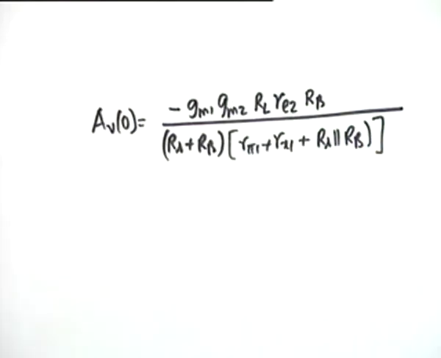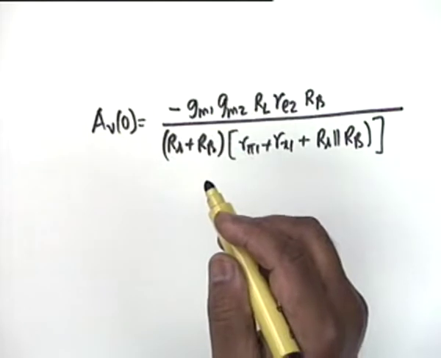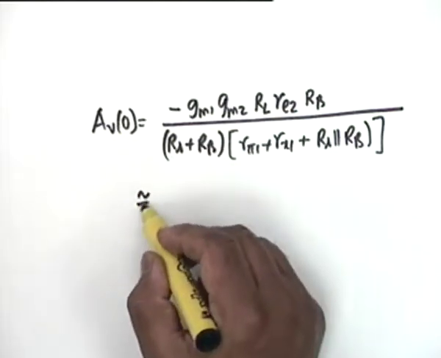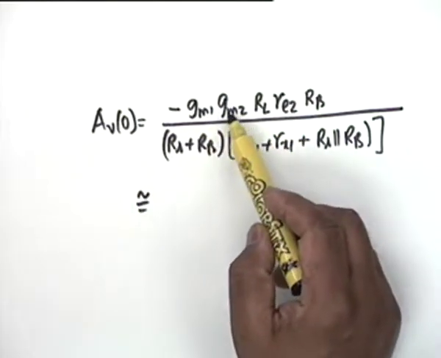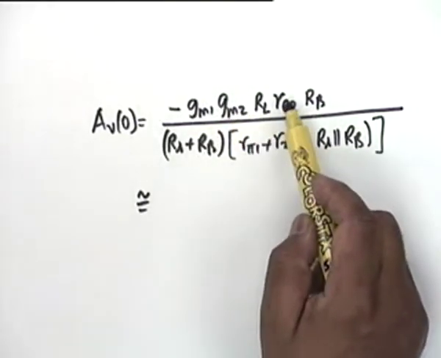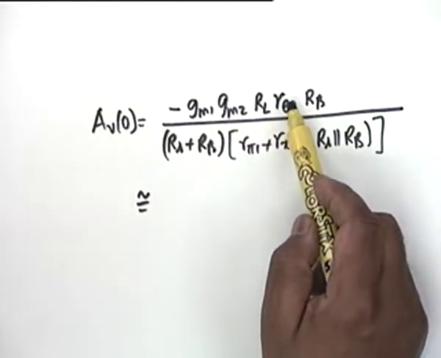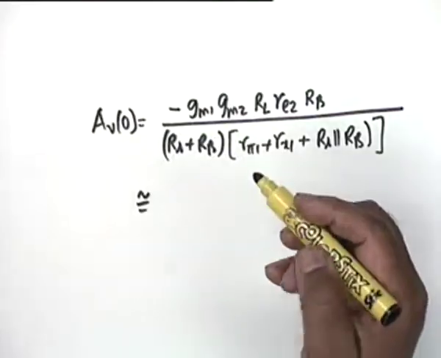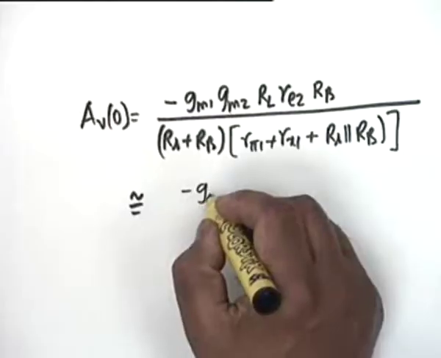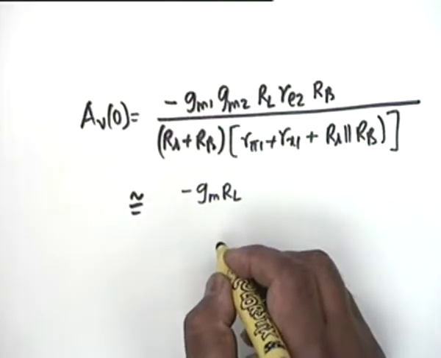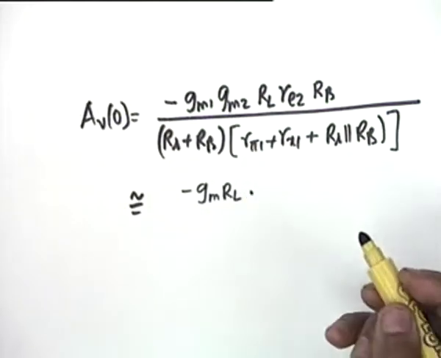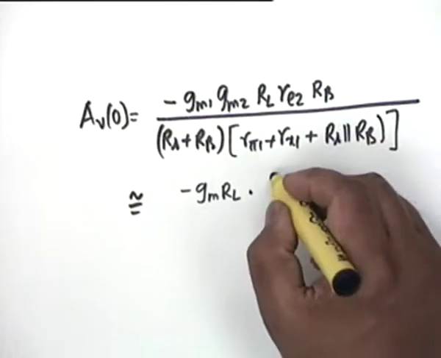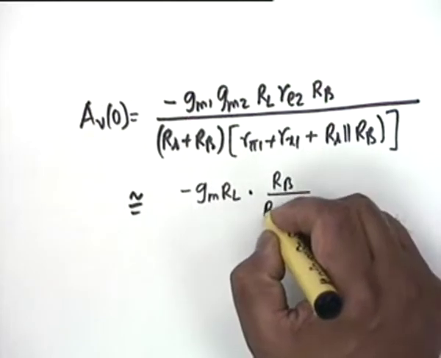That's it. This is AV0, and you can show, you see, GM1 and GM2 are equal, and RE2 is approximately equal to 1 by GM2. Therefore, it simplifies somewhat, minus GM RL multiplied by RB by RS plus RB.